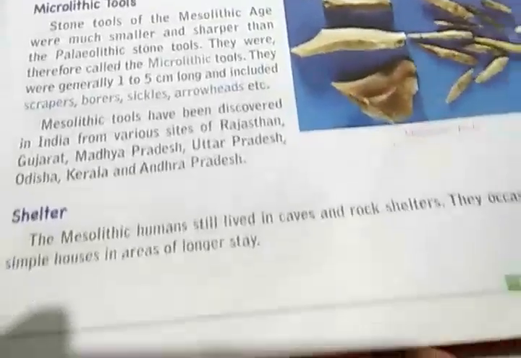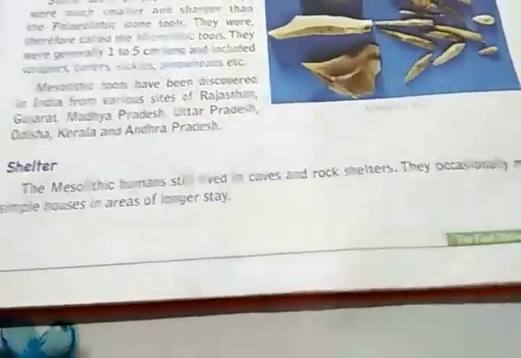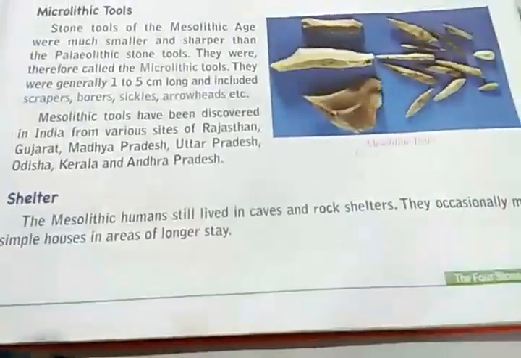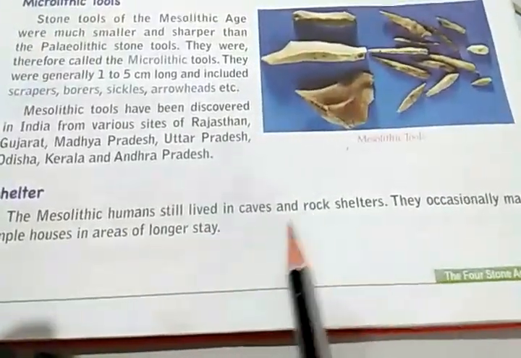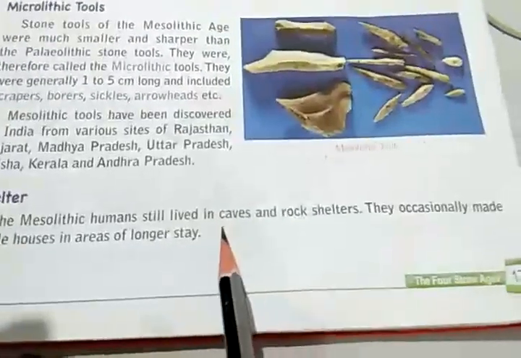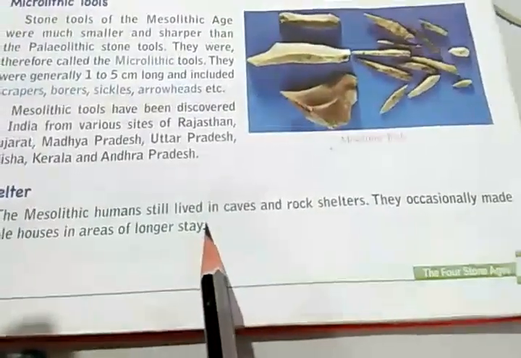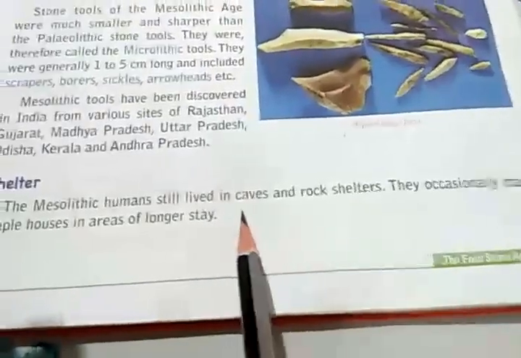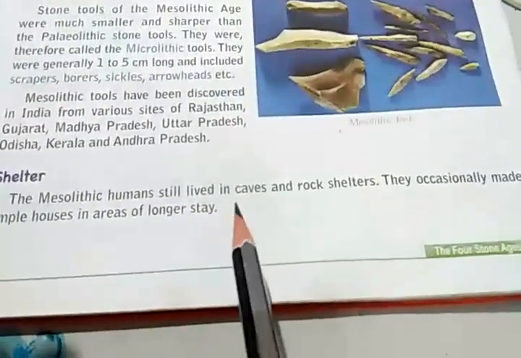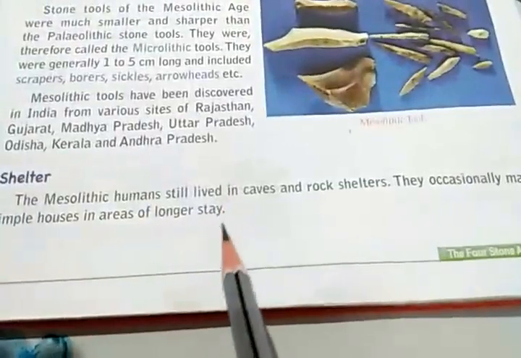Now we go to shelter. Shelter means where they used to live. The Mesolithic humans still lived in caves and rock shelters. They used to hide themselves from wild animals or protect themselves from the harsh climate, especially during the winter.